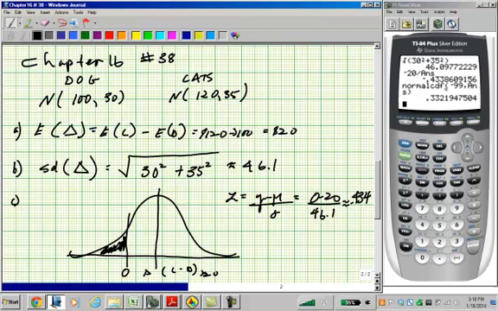Okay, and then I'm going to use the picture here. I've got negative 99, which is the z-score of the end of the tail, and the z-score for 0 is negative 0.434.